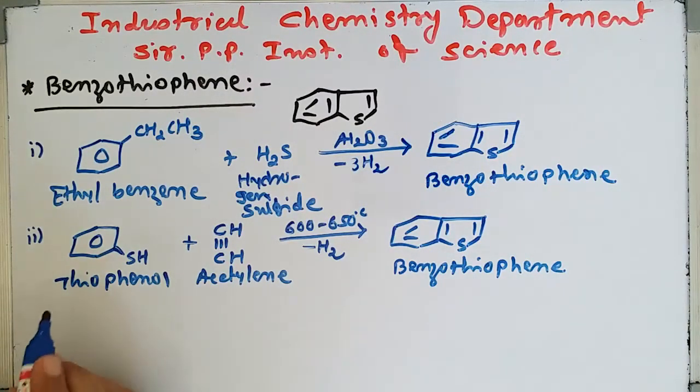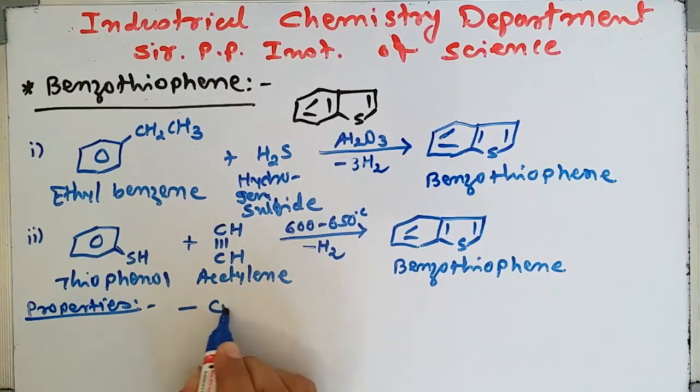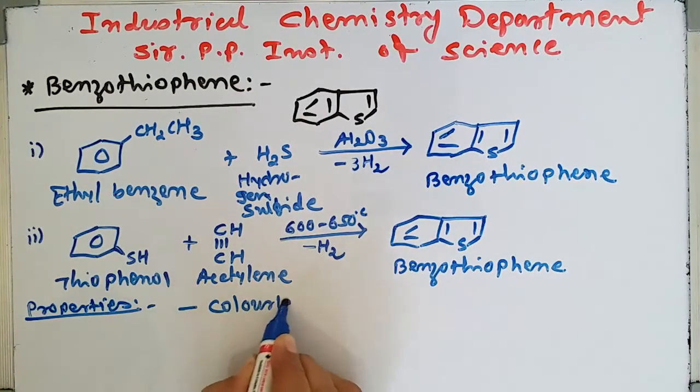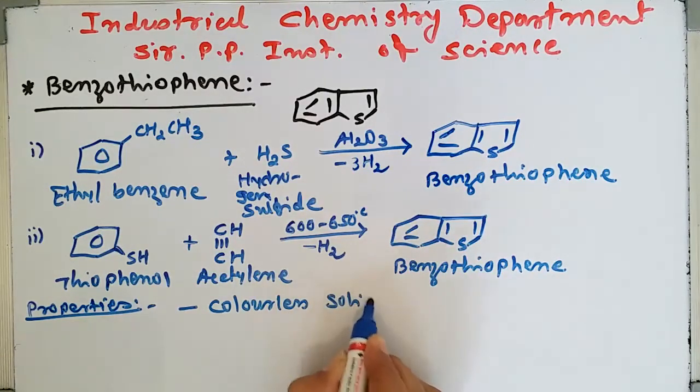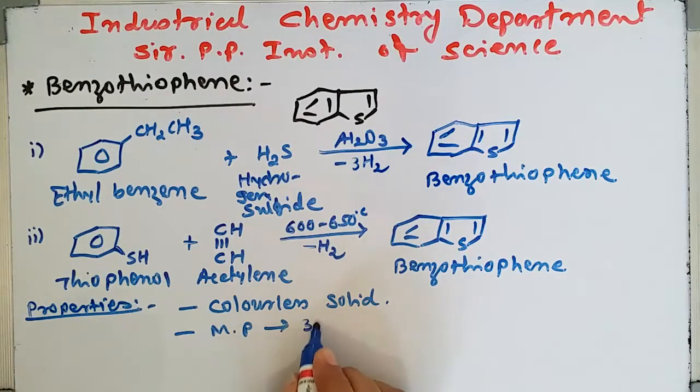Benzothiophene is a colorless solid. Properties: colorless solid, a low melting point compound. It has a melting point of only 32 degrees Celsius. So, in summer days, benzothiophene is in the form of liquid.